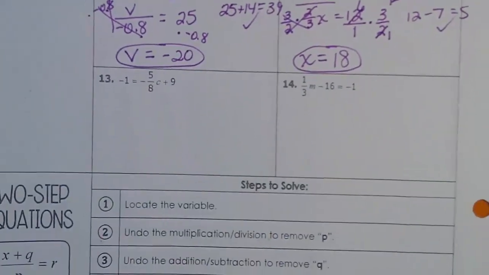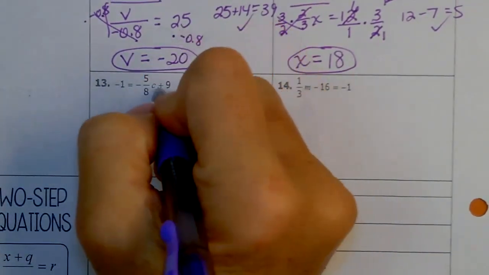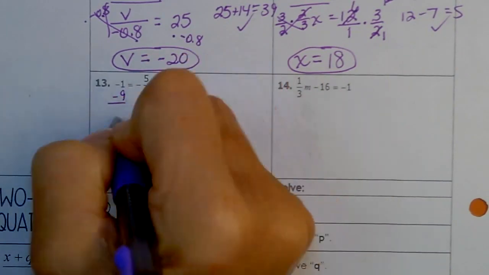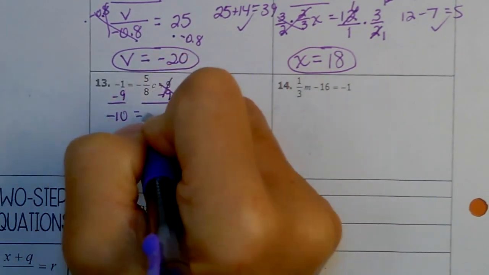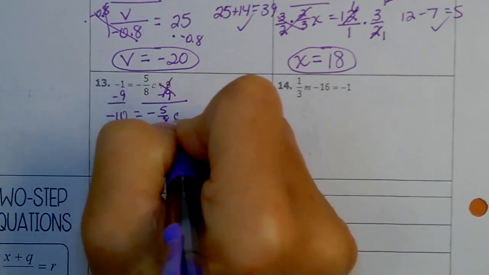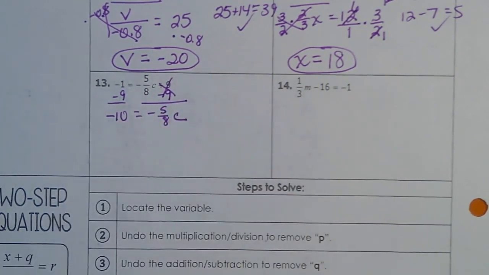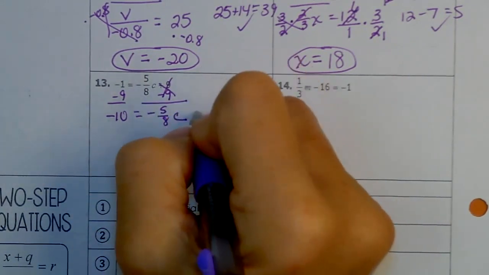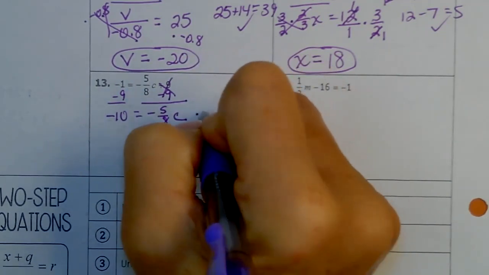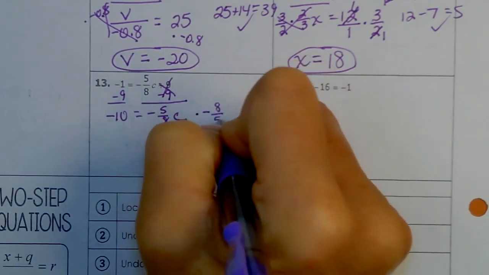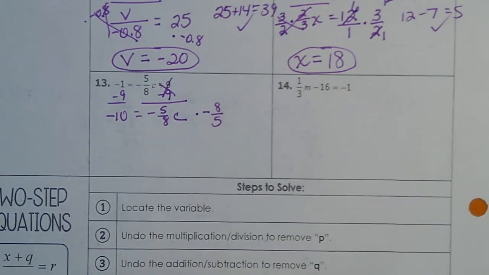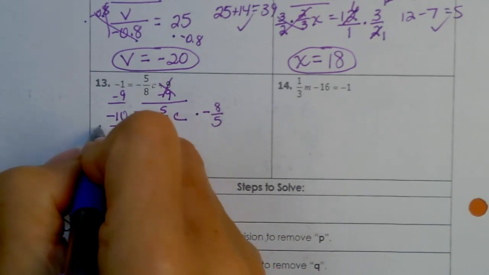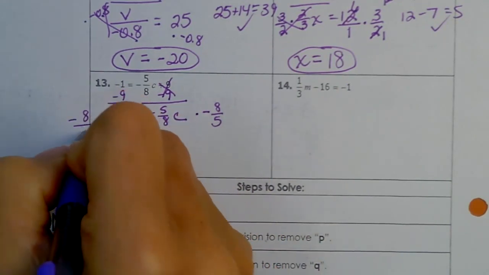Number 13. Here's my variable, so I'm going to subtract 9 from both sides. Negative 10 equals negative 5/8 c. All right, so to undo multiplying by negative 5/8, I'm going to multiply by the reciprocal, which is negative 8/5. By multiplying this by the reciprocal, I need to also multiply this by the reciprocal.